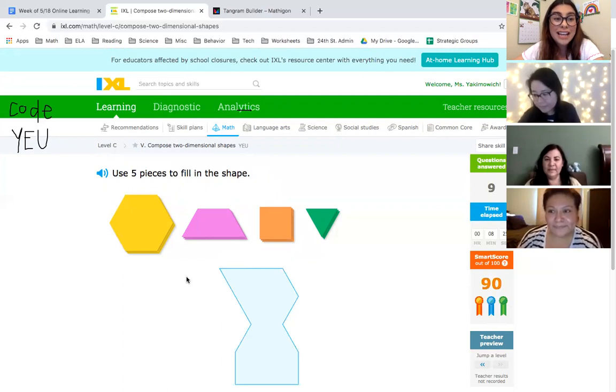And for iExcel, the code is YEU, so that we can search for that. It should say compose 2-dimensional shapes. Have fun and practice the vocabulary. Whenever you're looking at a shape, ask yourself, what's the name of this shape, and how do you know what the name is? By its attributes.